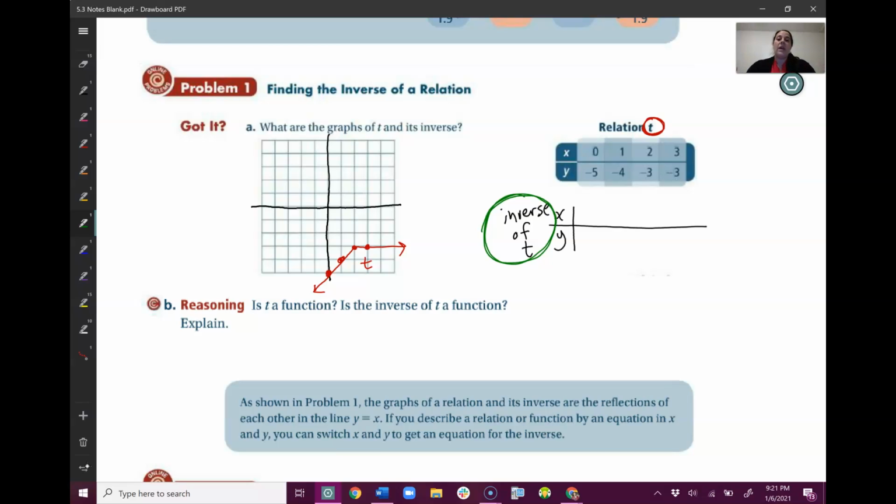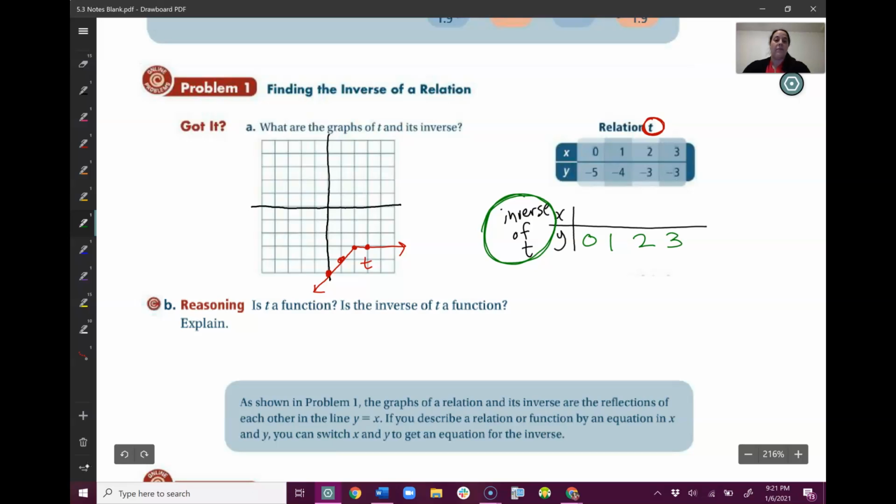And remember, inverses just mean that you flip the x's and the y's. So I'm going to take the x's and the y's and I'm going to flip them. So all that means is I'm going to take these points and flip them. So now the 0, the 1, the 2, and the 3 are on the bottom.